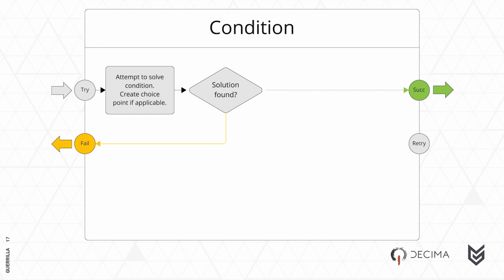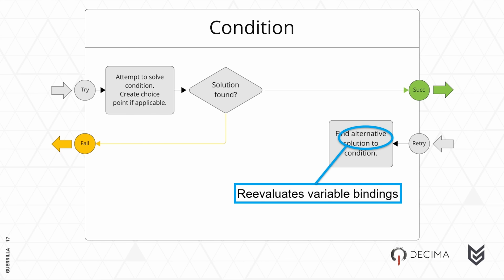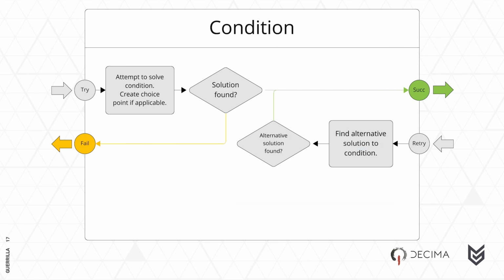And from this point, we can start asking what else. We can start backtracking by going through our retry port. This will then unbind our variables and reconsider their value. And as long as you have alternative answers, you can keep going in this loop until you run out, and then we'll move to fail.